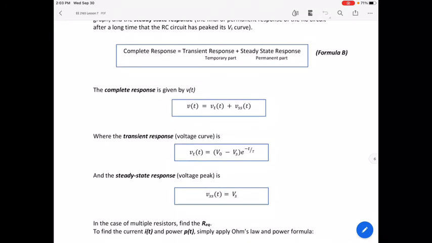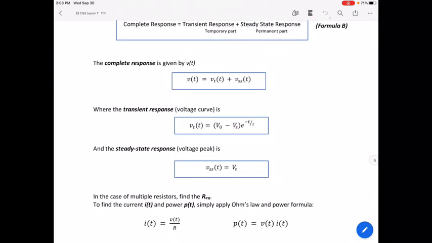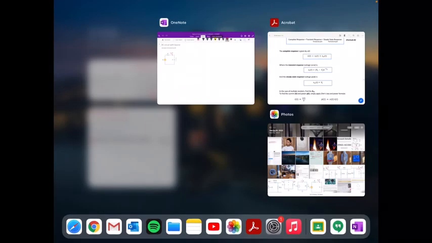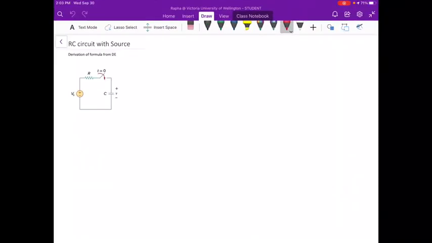So these are your given formulas, and at this juncture perhaps we can derive the formula for our RC circuit with a source.